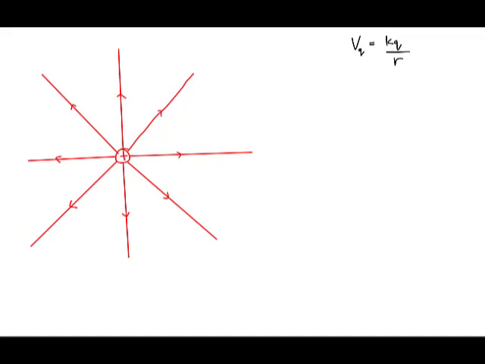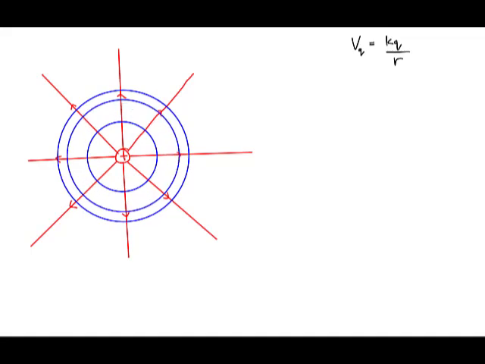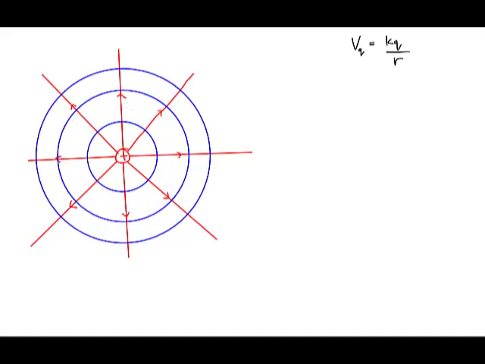We also know that equipotential surfaces are centered on that source charge. So these are concentric spheres all centered on the source charge.